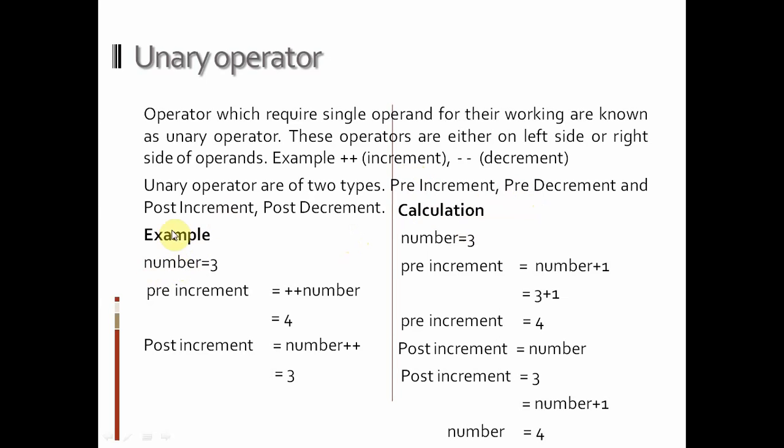So here is an example. We can look here. Number is 3, and when we say plus plus number, it means we are saying that first increase the number value by 1 and then assign it to the pre-increment variable. So its value will first increase by 1, means number plus 1, 3 plus 1 will become 4, and then this 4 will be assigned to the pre-increment variable.